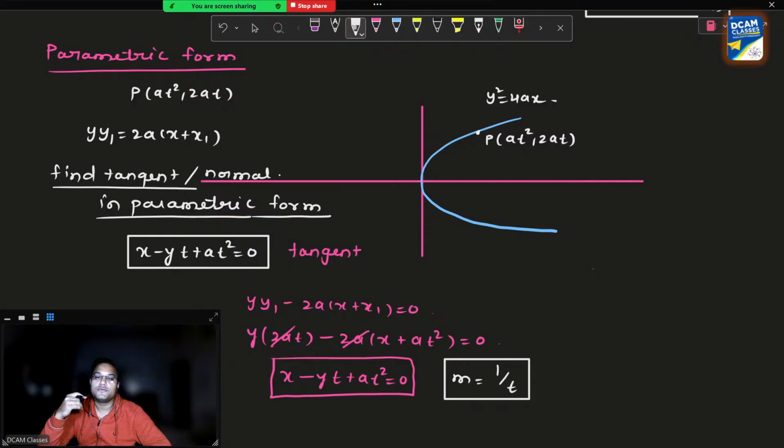get me the equation of normal. For that, you will have to follow the full method, finding out the slope of the normal, and then using the point slope form, and then getting the equation.